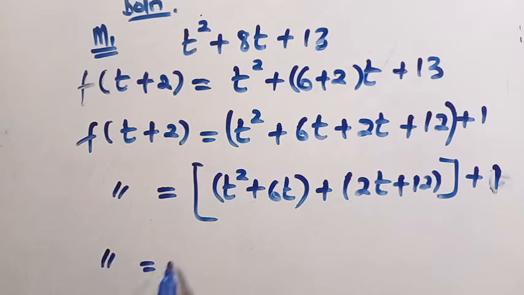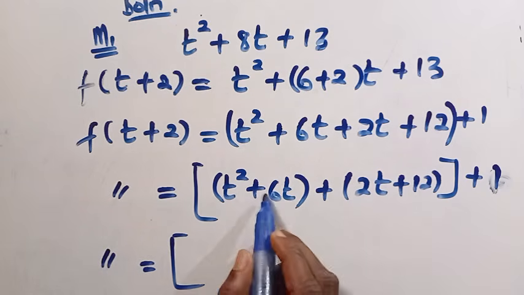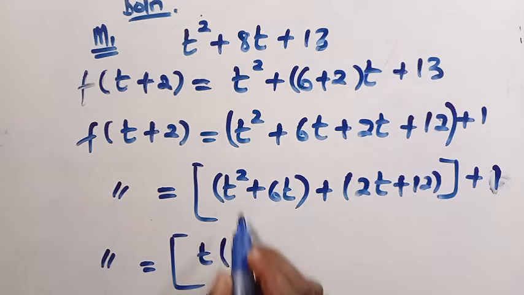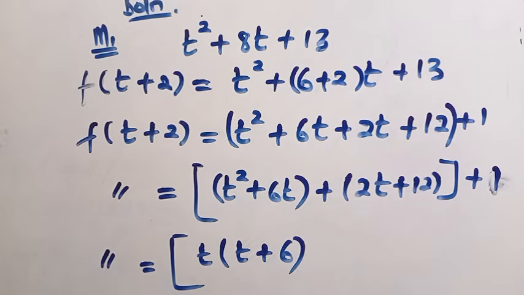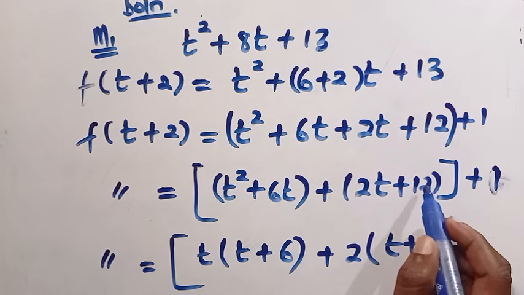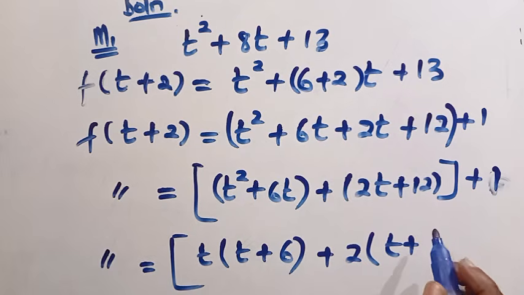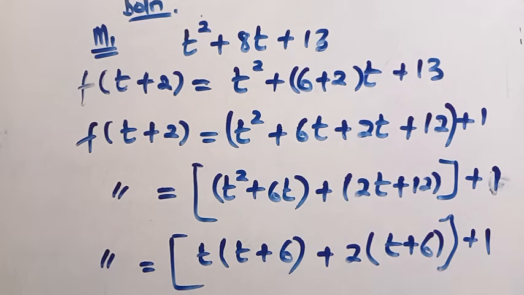So next, when we take out t from the first bracket, we are left with t plus 6. And for the second, if we take out 2, we are left with t plus, dividing 12 by 2, 6. Then all in bracket plus 1.